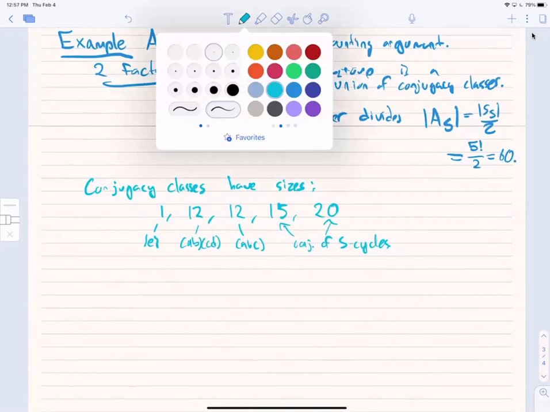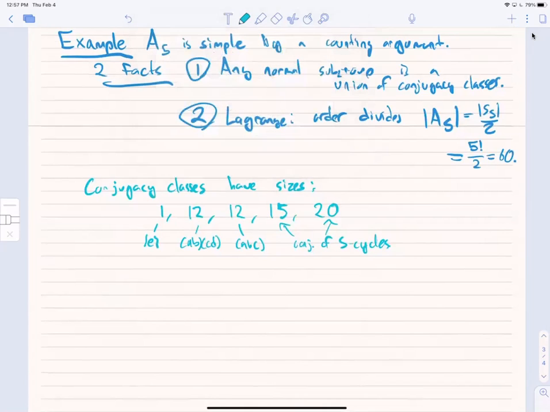But now we can just check. Now you just try to add these up and get a divisor. And well, you can't. You might say, well, a divisor of 60. Well, you can get 1. 1 is a divisor of 60, but that's the trivial subgroup, and you can get 60, but that's the whole thing.